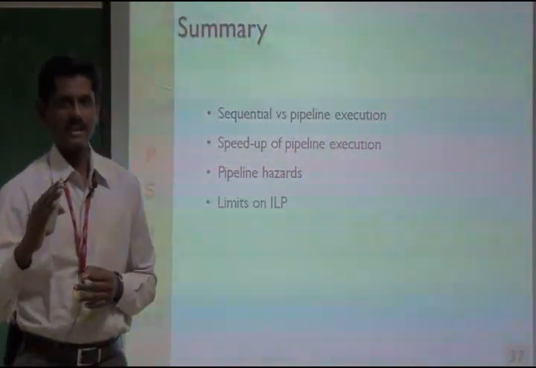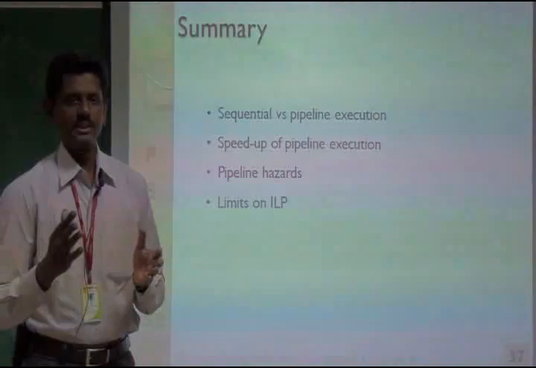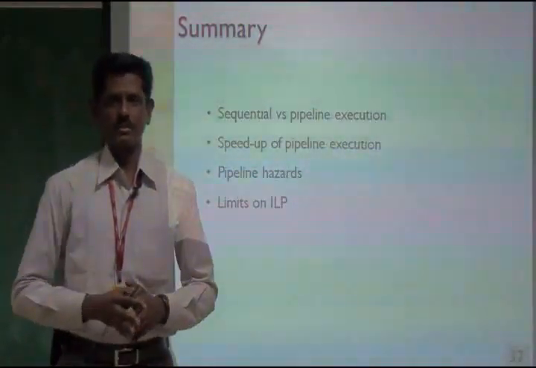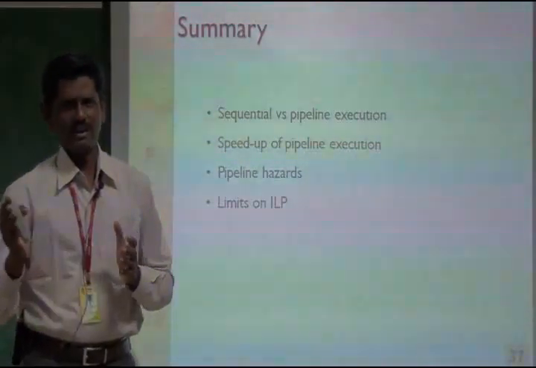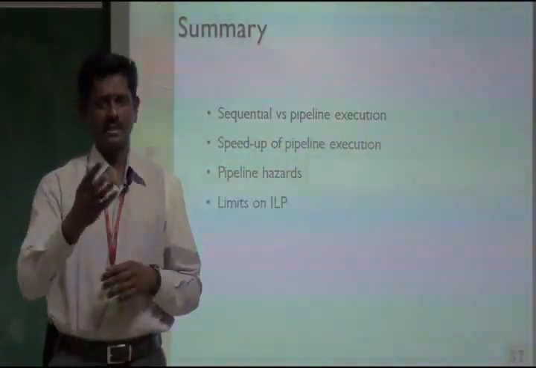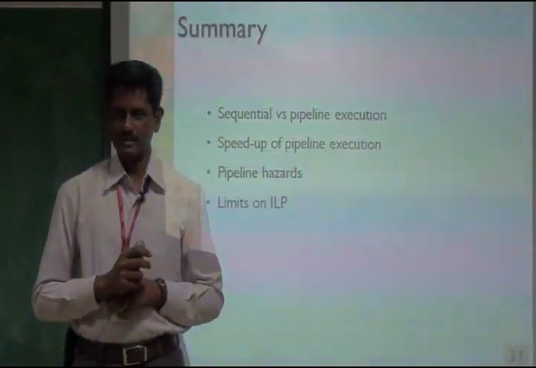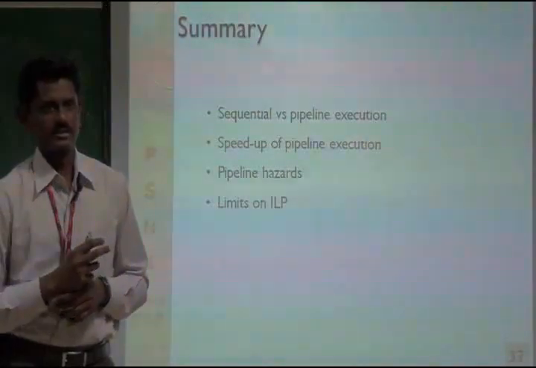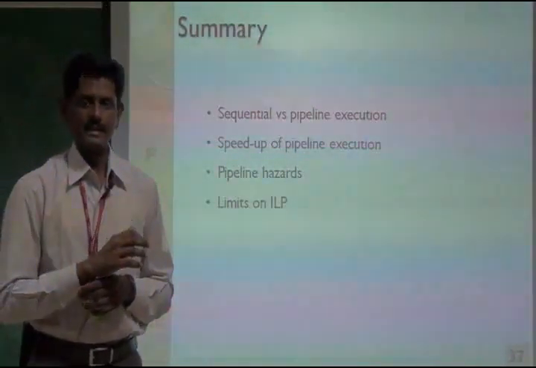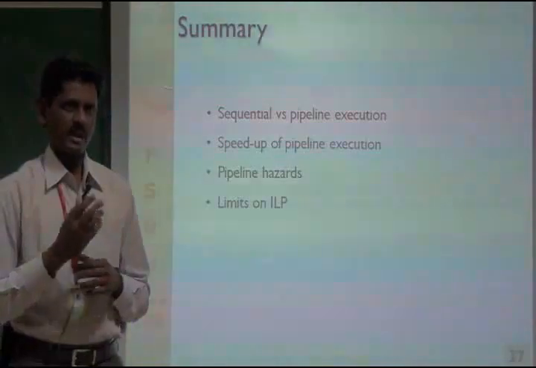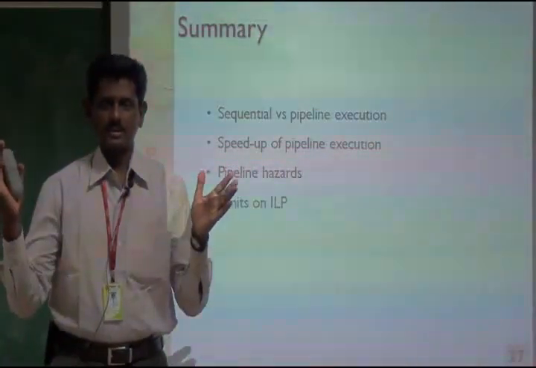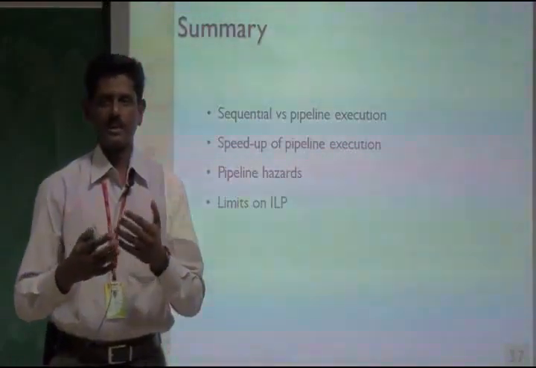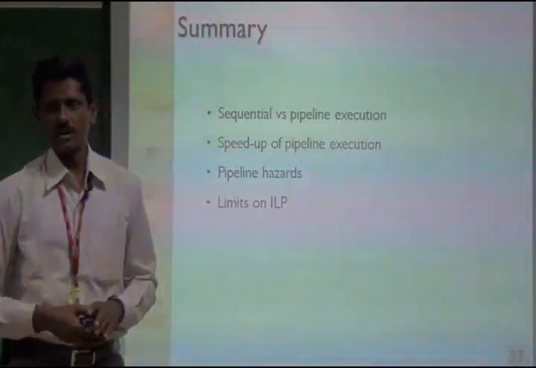The structural hazard can be resolved by using multiple banks of memory and multiple functional units, right? So by adding more resources, it is possible to avoid the structural hazard. Similarly, for data hazard, there are two techniques, operand forwarding and scheduling. By operand forwarding, the stalls may be reduced, and using scheduling, it is possible to remove the stall.